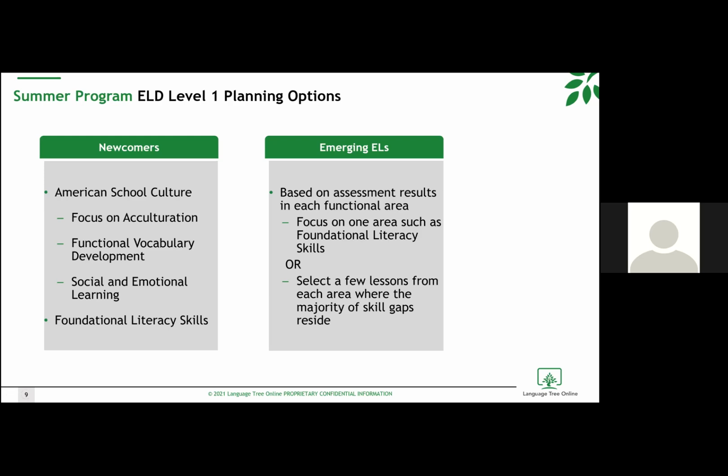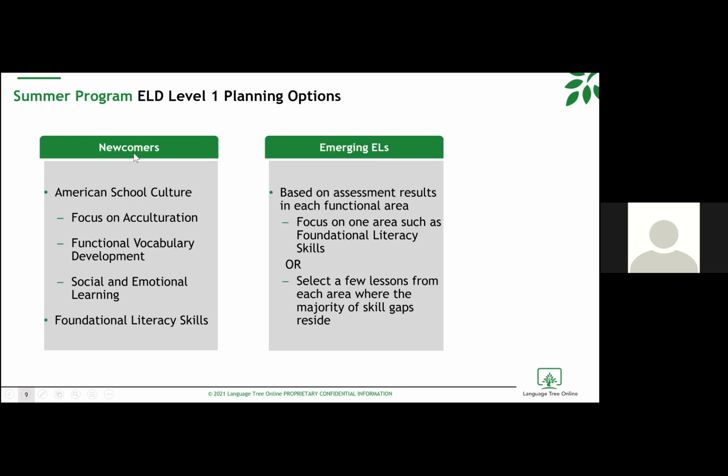If you had a group of summer students that are primarily newcomers, then our suggestion would be that for that 4 to 6 week curriculum, you would want to focus on the American school culture, help them get comfortable in the new school environment, prepare for the fall, gain that functional vocabulary, and then focus on the foundational literacy skills. So that would be, at a high level, the emphasis for a summer program for newcomers.